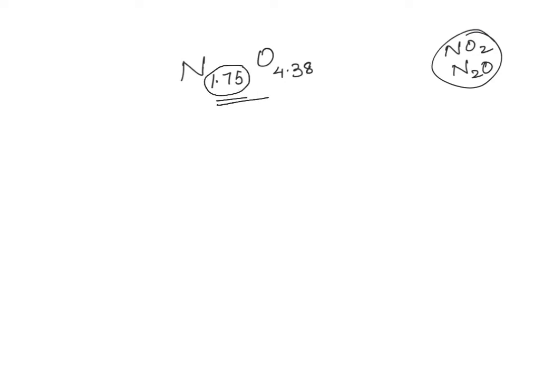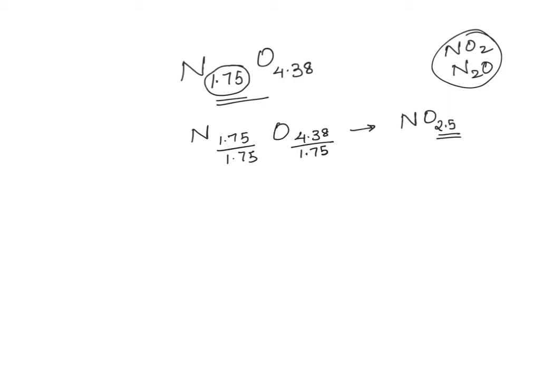Choose the lowest number and divide all the moles by that number, meaning N 1.75 divided by 1.75, O 4.38 divided by 1.75. What do you get here? You get NO 2.5. Now remember, we don't want decimals or fractions.